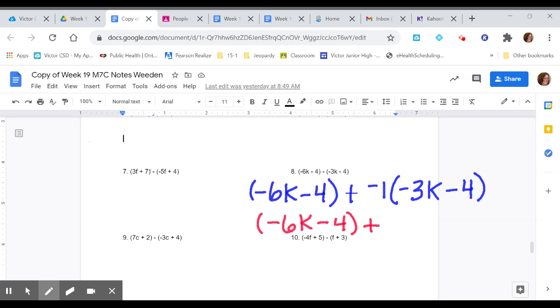Because again, remember, subtraction is the same as plus a negative. So -1 times -3k is a positive 3k. A negative 1 times a minus 4 is a plus 4.